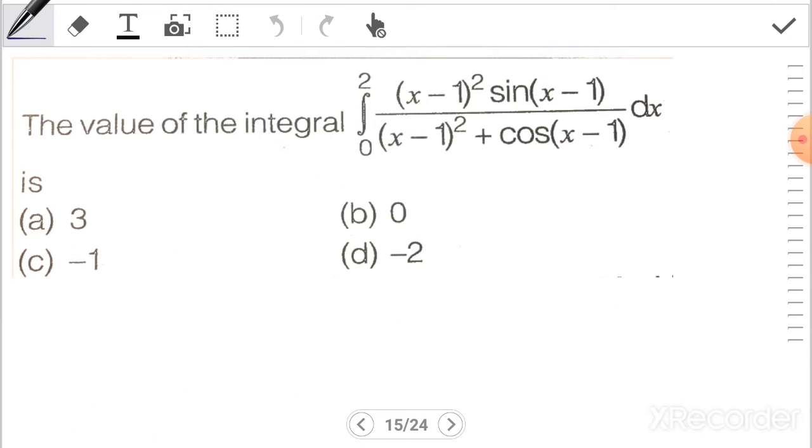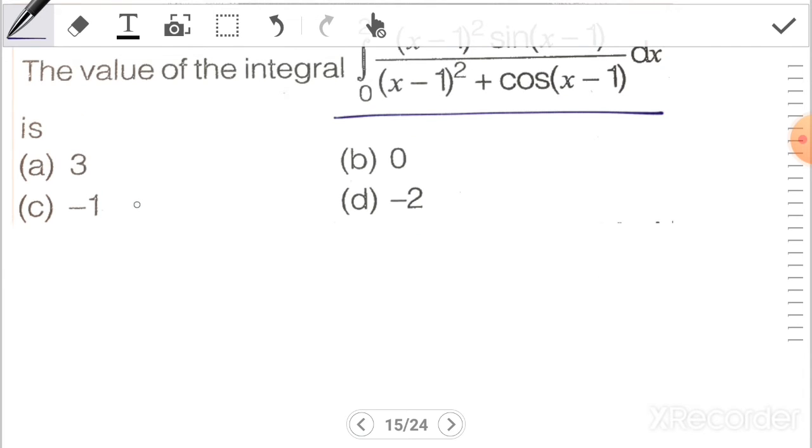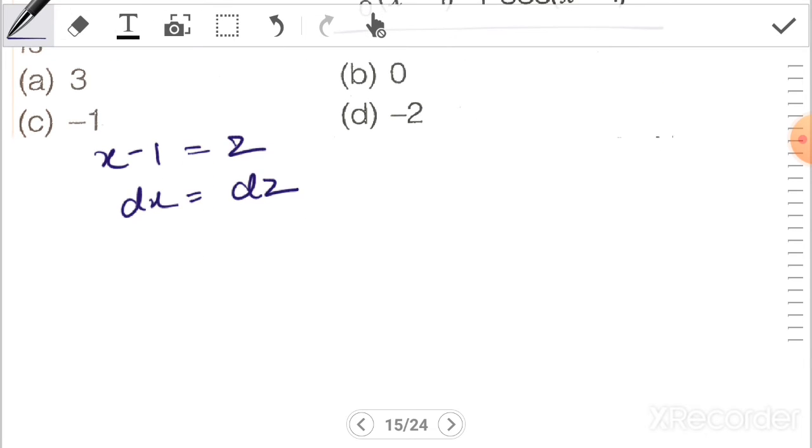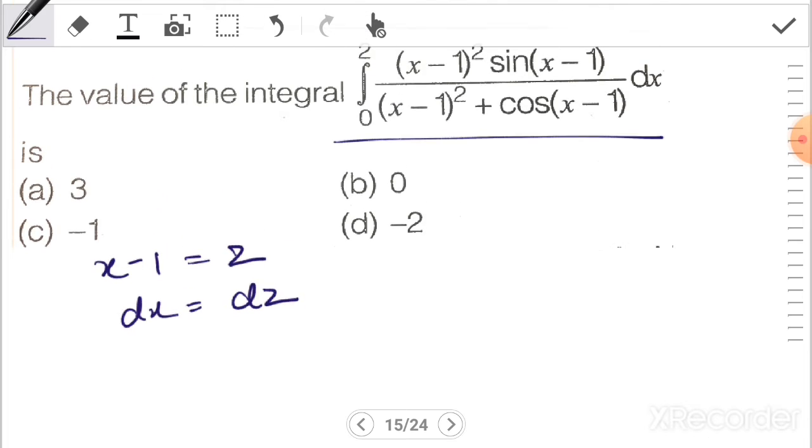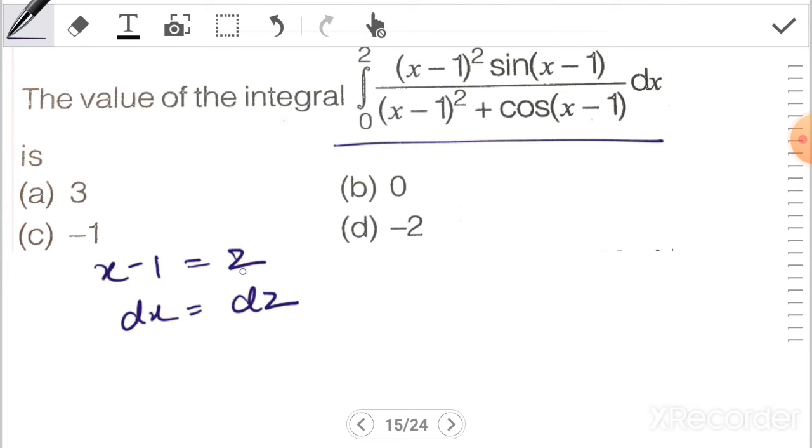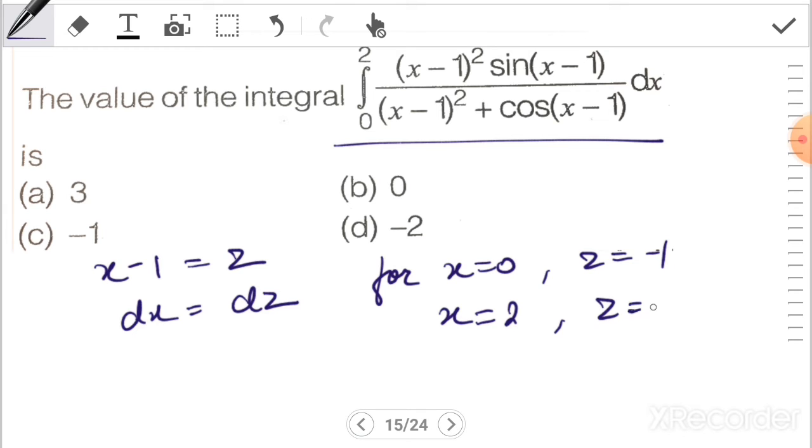The value of the integral is, okay, let us put x minus 1 as, say, z, then dx will be equal to dz. Now for x is equal to 0, z is minus 1, and x is equal to 2, z is 1.